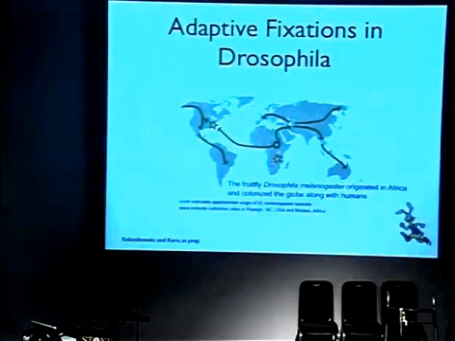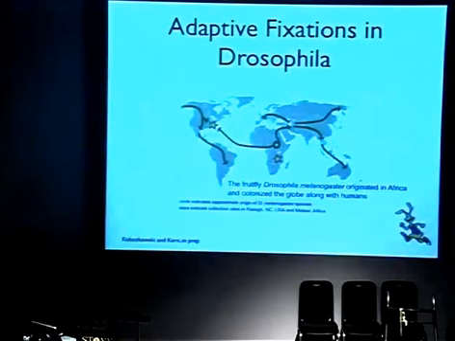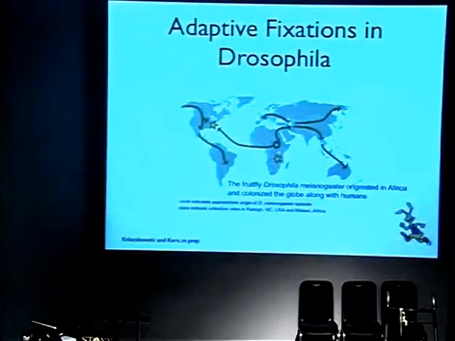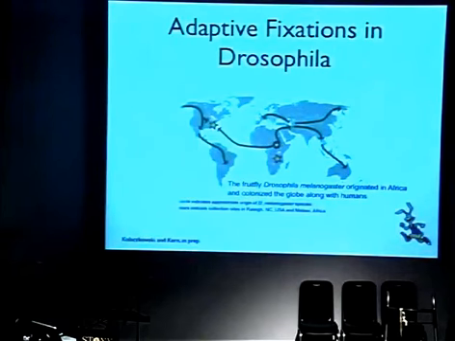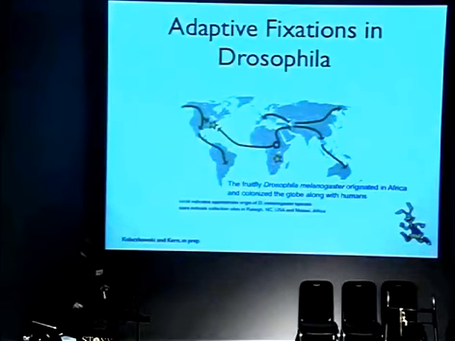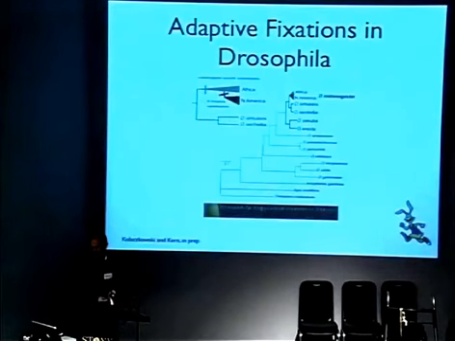Drosophila melanogaster is thought to have originated in Africa. So the question that I'm interested in asking is, what kind of ecological adaptations accompanied this out-of-Africa migration? That is, when Drosophila melanogaster moved from this tropical environment to this temperate environment, can we pick up the signature of ecology?